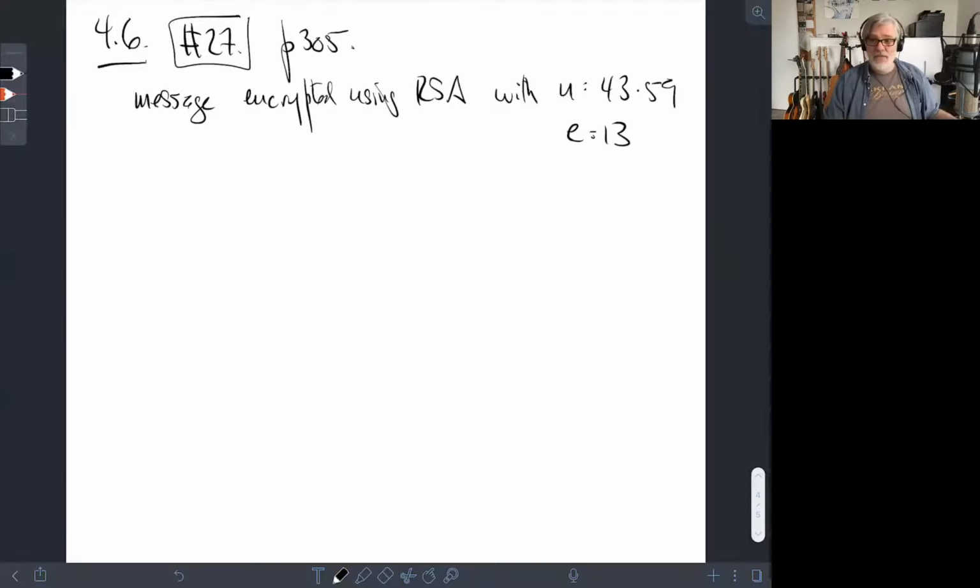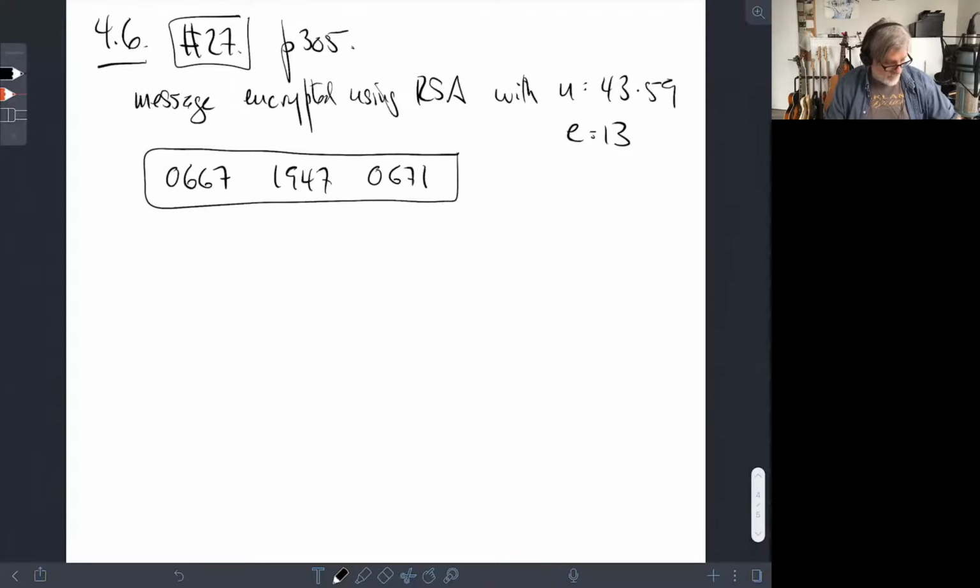I think these values keep coming back. And the message is 0667 1947 0671. So decrypt it. Basically, that's it.